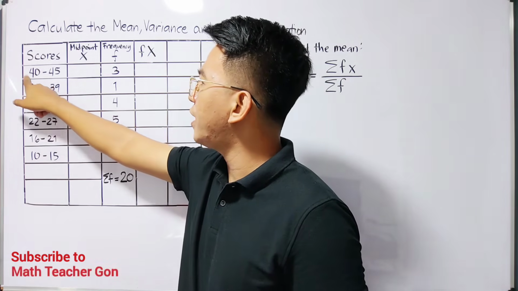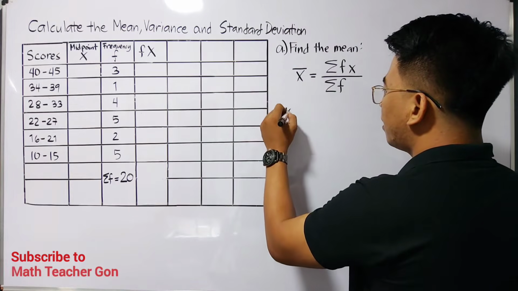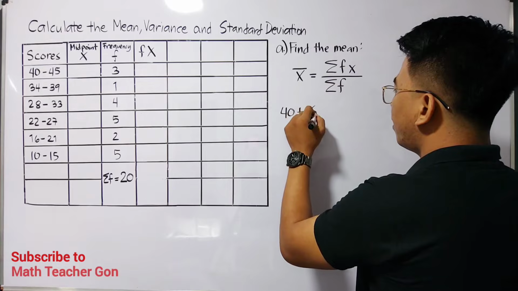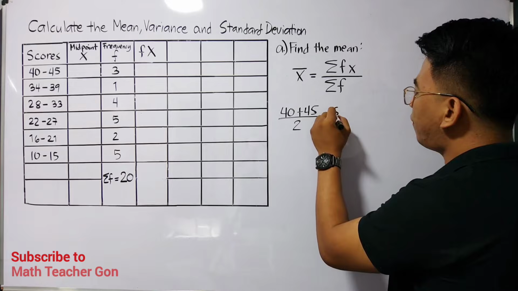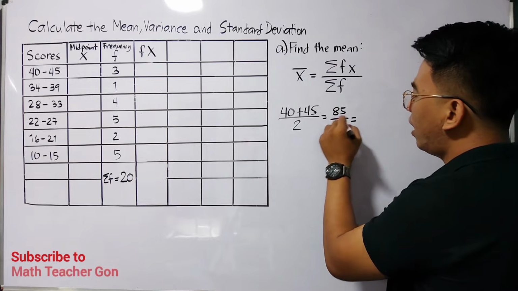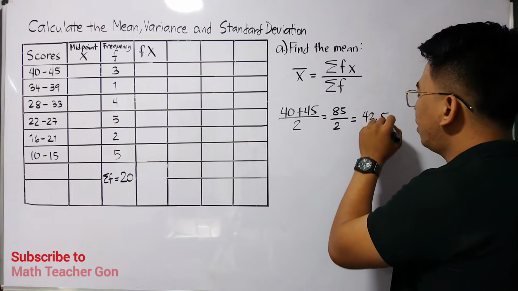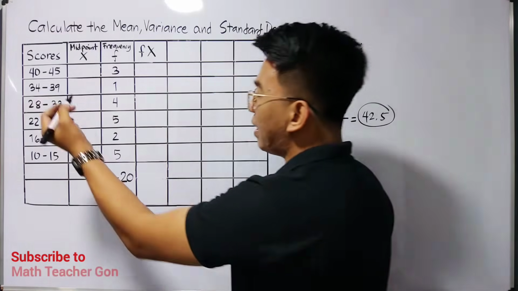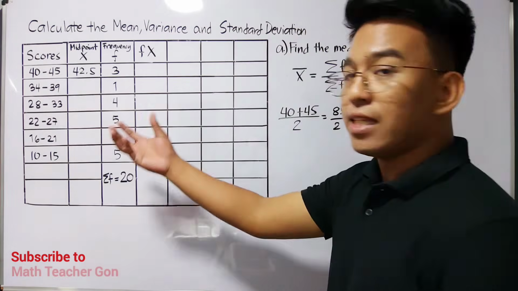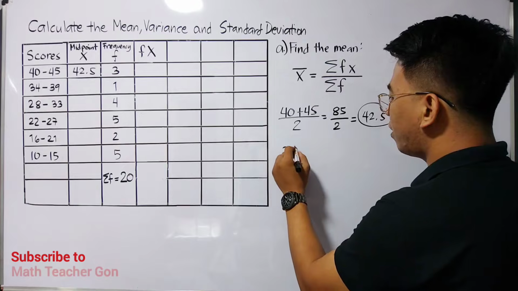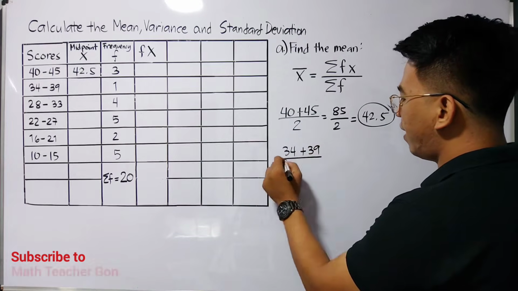For example, we have here 40 to 45 as the class interval. You need to add 40 plus 45 and then divide by 2. So that would be equal to 85 divided by 2, which is 42.5. This 42.5 will serve as the midpoint. Now for the second class interval, we have 34 plus 39 divided by 2.